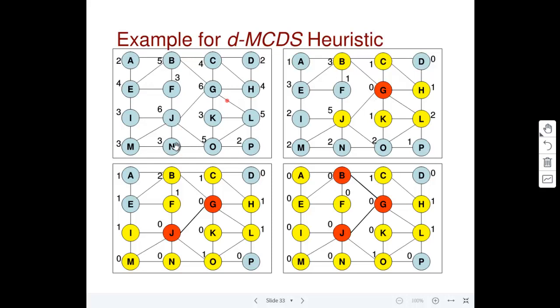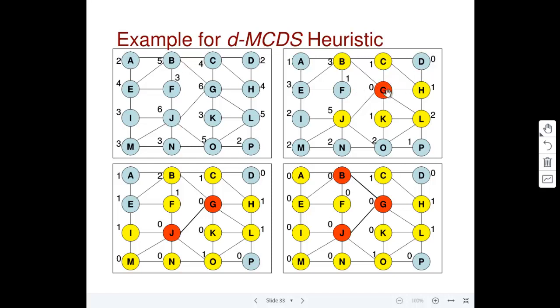Again, given a graph, go ahead and find the number of neighbors for every vertex, which is actually the number of uncovered neighbors for every vertex. So we prefer to include the vertex with the maximum number of uncovered neighbors. So to begin with, you find the vertex that has the largest degree, which is the maximum number of neighbors, which means also the maximum number of uncovered neighbors.